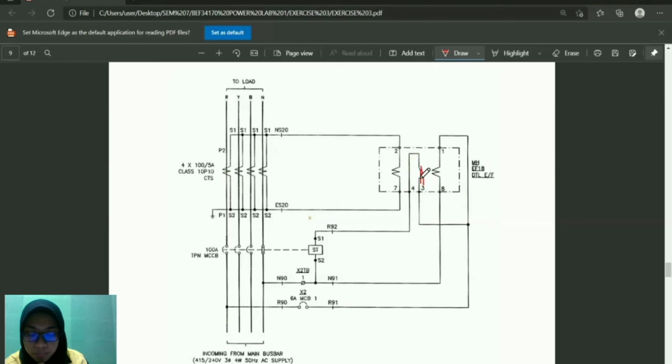After that, the signal will pass to the shunt trip here to open the MCCB. Therefore, the circuit will cut off the power supply and the component will be protected from the overcharged current.